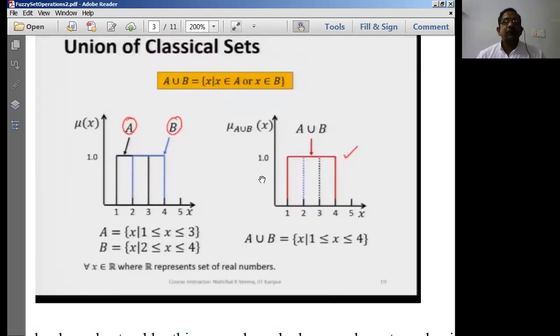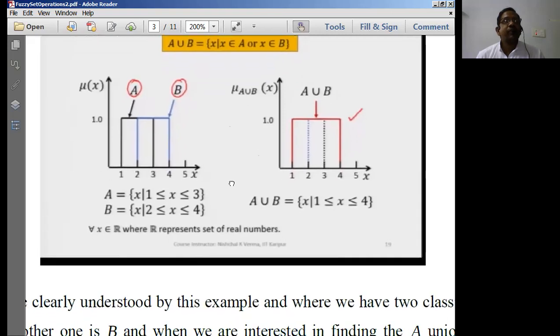Another diagram we can see here is A union B, where small x belongs to A and also small x belongs to B. For example, there is a membership function as mu of x.